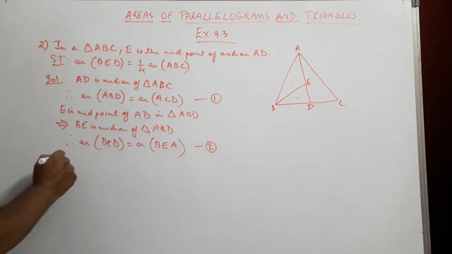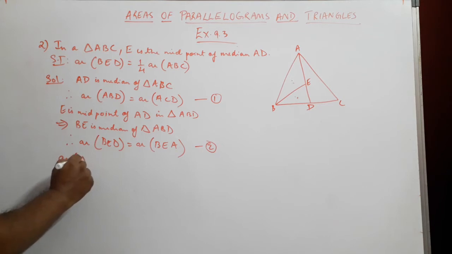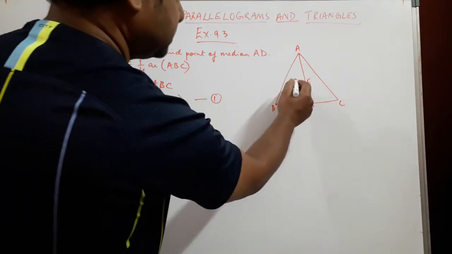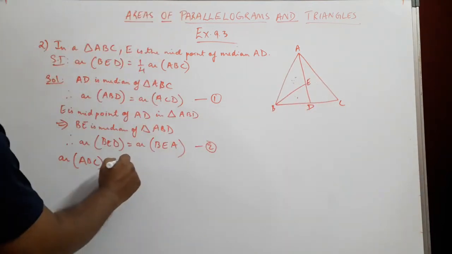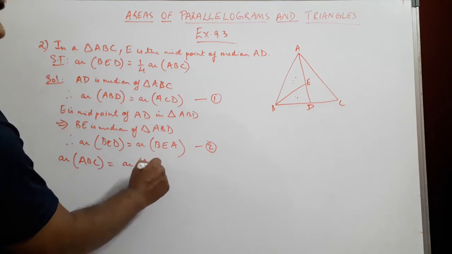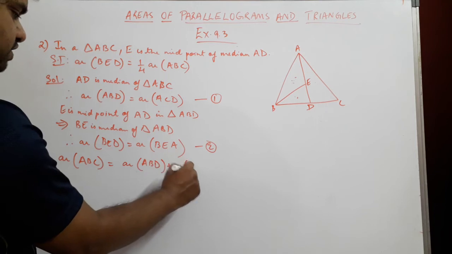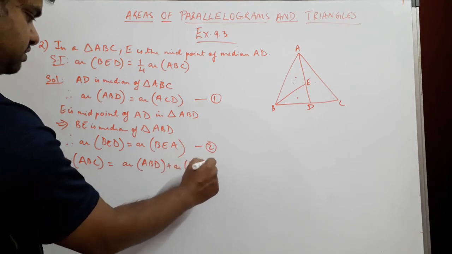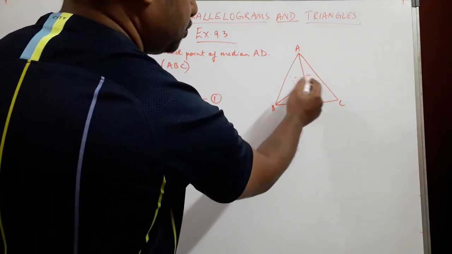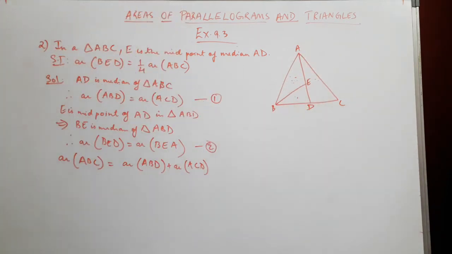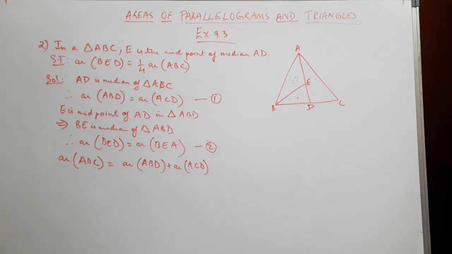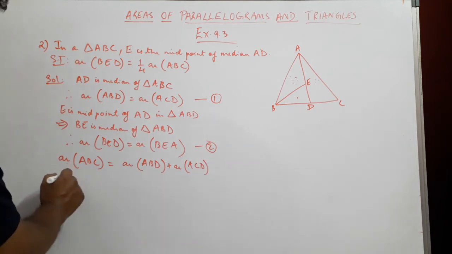Now we can say area of triangle ABC, the big triangle, is the sum of these two triangles, that is area of triangle ABD plus area of triangle ACD, right? All I am saying is that the two smaller triangles make up one big triangle, that is triangle ABC.